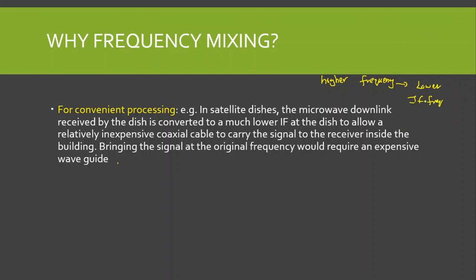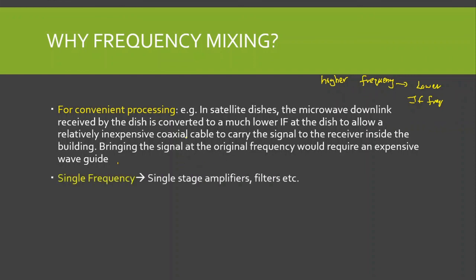Now this lower intermediate frequency can be taken inside the building very easily through the use of the inexpensive coaxial cable. So instead of using the waveguide which was used for the higher frequency, we are using the inexpensive coaxial cable because we have converted the high frequency carrier into the lower intermediate frequency.